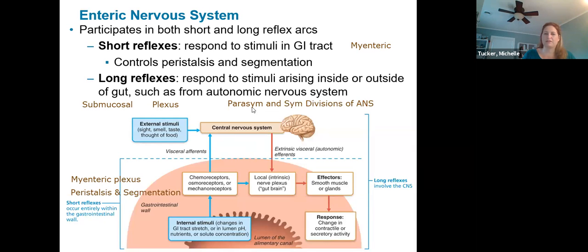Submucosal is going to interact with the parasympathetic and sympathetic divisions of the autonomic nervous system with long reflexes to affect the activity of smooth muscle and glands. Then we have the myenteric plexus that is going to be involved in short reflexes in order to control peristalsis and segmentation.